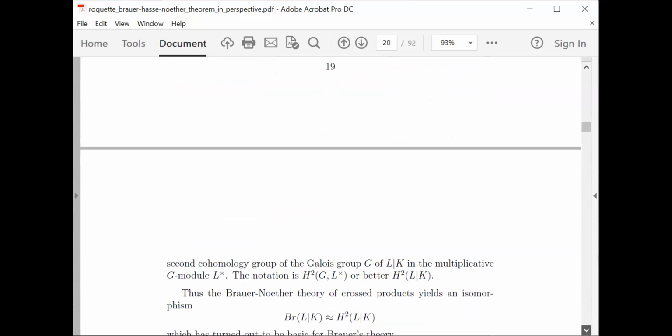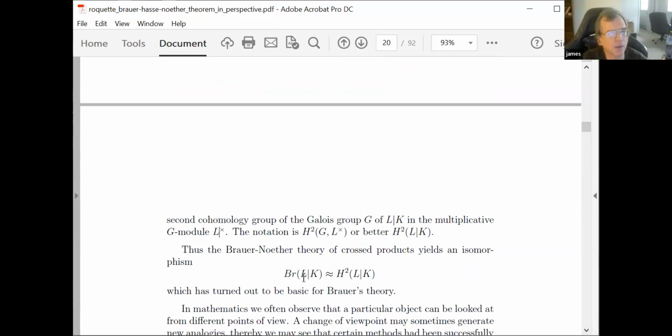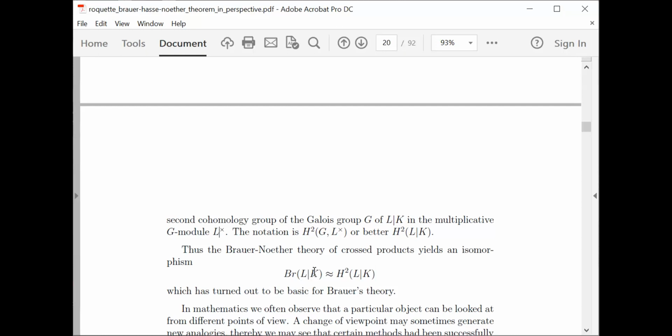And then finally, the upshot of all this is there's an idea, but this is like a relative Brauer group. This is the Brauer group of central simple algebras over K that's split when you extend to L. So that's a sort of nice refinement of the Galois group.